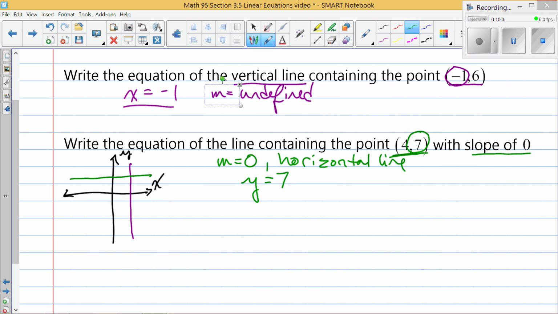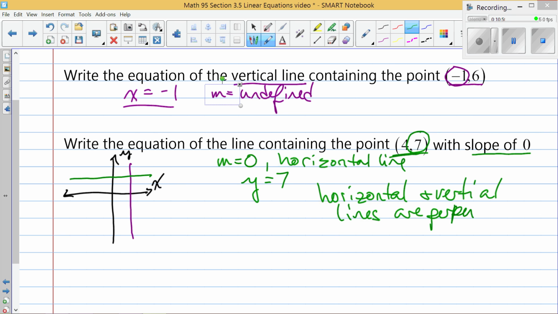Just a heads up, if I wanted to write the equation of the line containing this point perpendicular to the one that I already did, it's going to be the vertical line. So horizontal and vertical lines are perpendicular to one another.